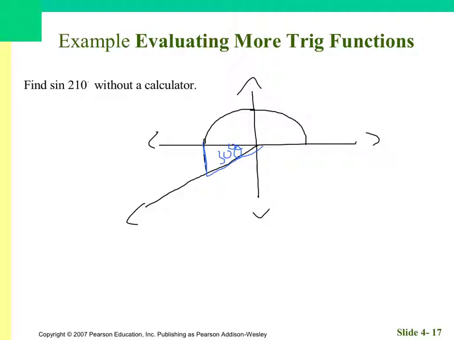And that's 30 degrees. So the sine of a 30-degree angle is 1/2. The cosine of a 30-degree angle. Well, we're not dealing with 30, so hold on.